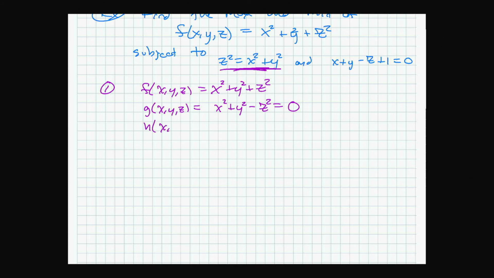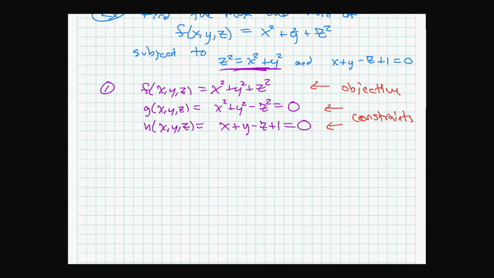And then you have h of x, y, z, which they actually did write in the correct form, x plus y minus z plus 1 equals 0. Those are your two constraints and your objective function.